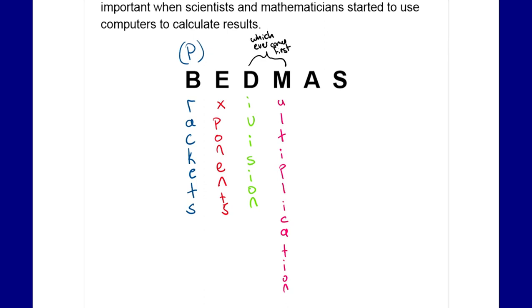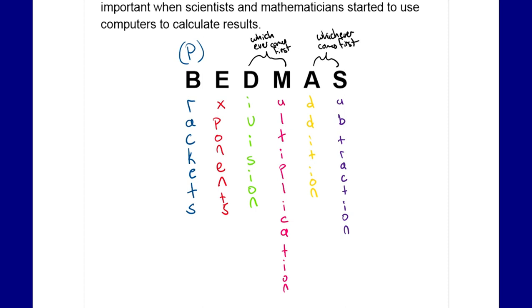And the same thing with addition and subtraction. It's the same idea as division and multiplication, whichever one comes first. So for these last two, you would be reading it from left to right, and whichever one comes first.